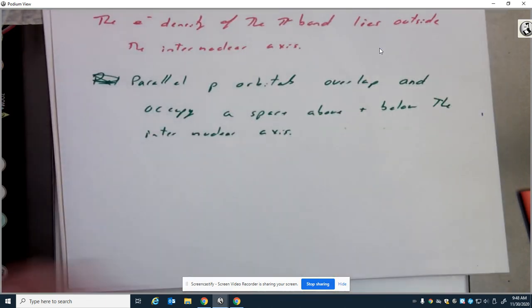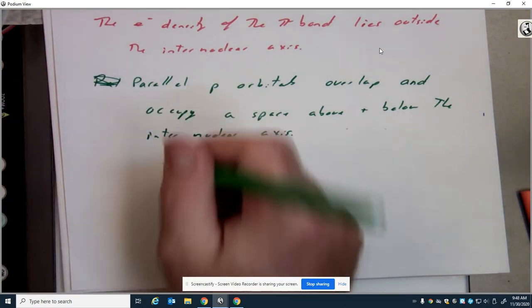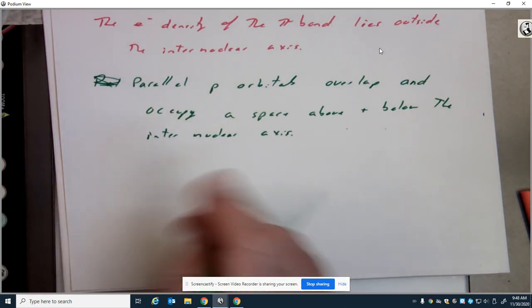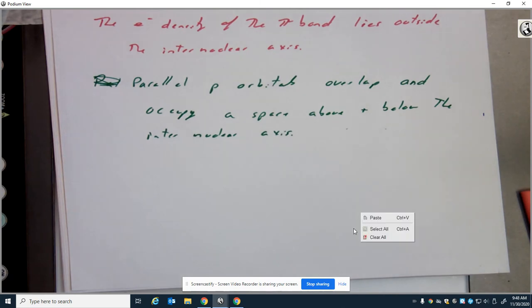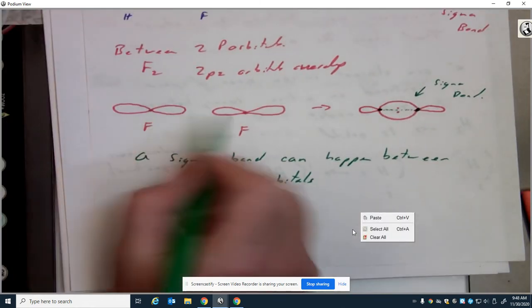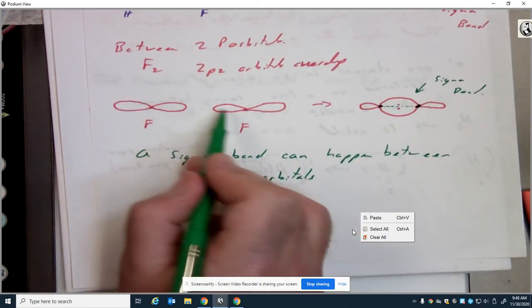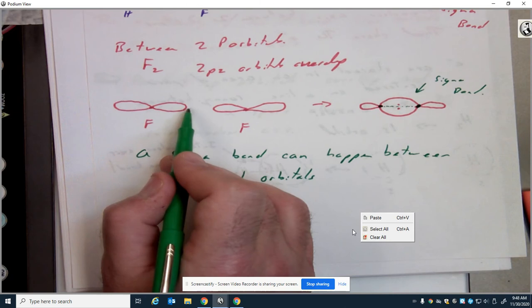All right, this is a little tricky to draw, but let's try it. So when we have a pi bond, when two p orbitals overlap, when they're parallel. Right, so first of all, let's just go back and make sure you understand. In this case, when they overlapped, they overlapped end to end.